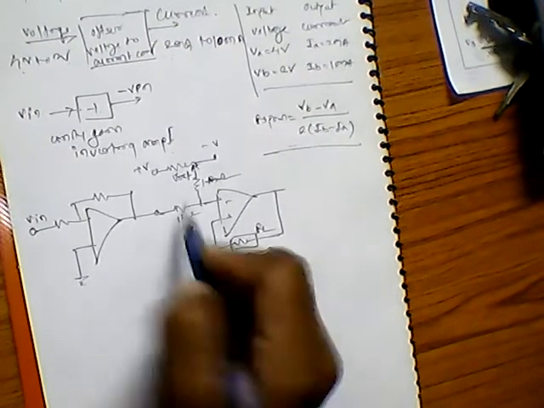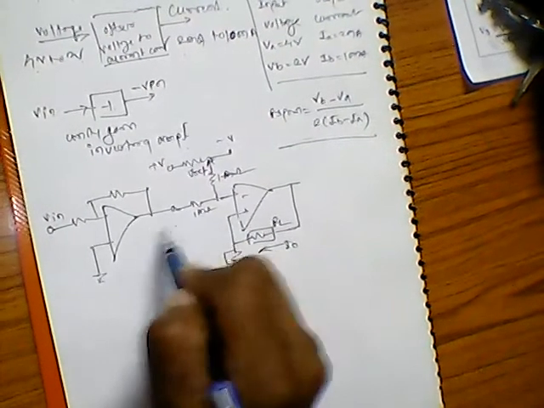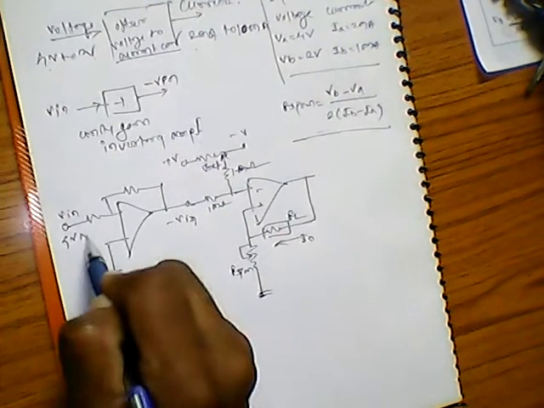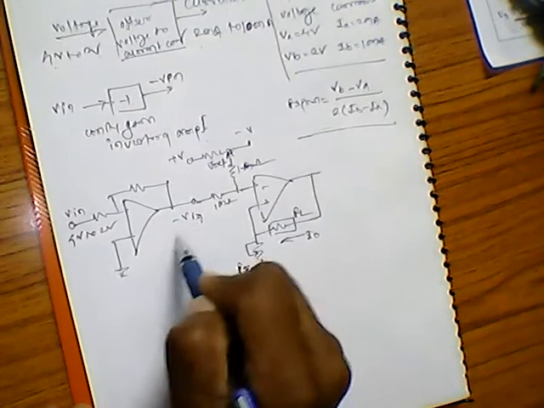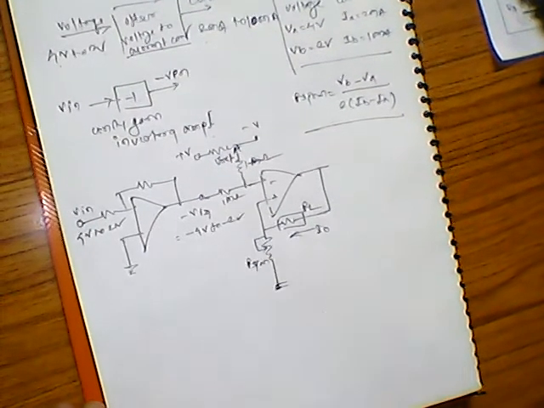So now the problem becomes simple. Here we will get minus V in. Here the range is 4 volt to 2 volt, here it will become minus 4 volt to minus 2 volt.